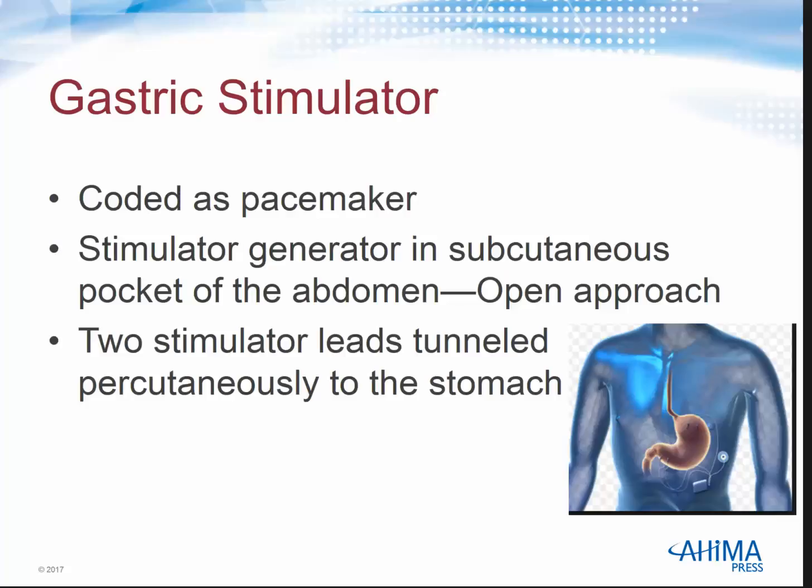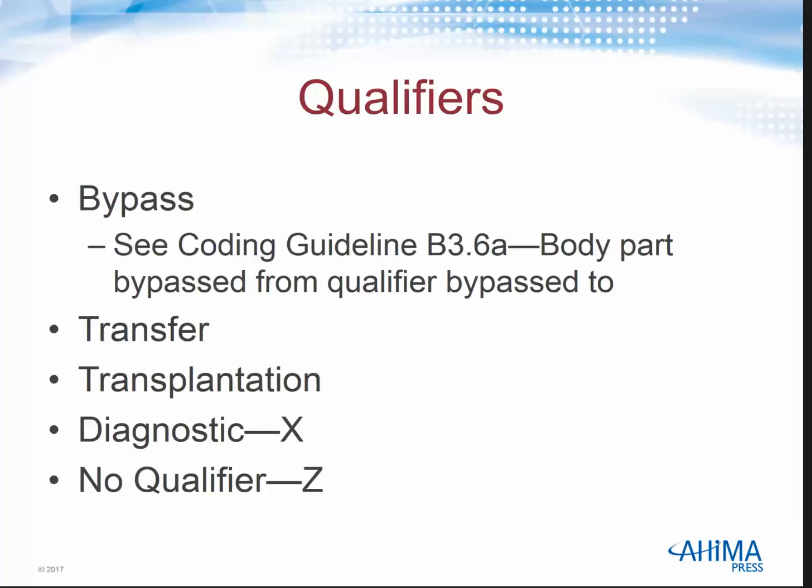Then she talks about qualifiers again, guideline B3.6a. Because as noted back in chapter 2, I believe, it talked about the fact that the bypass qualifier value means one thing in every body system except for when we do heart surgeries.